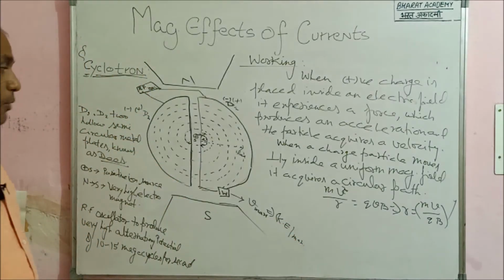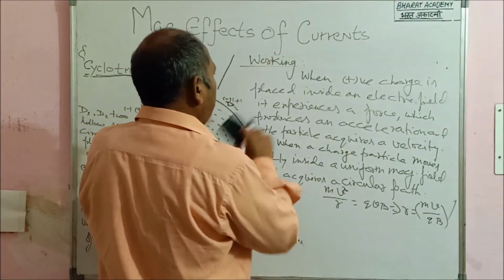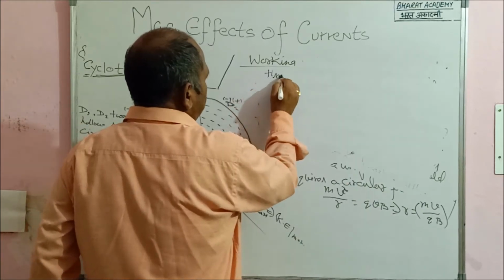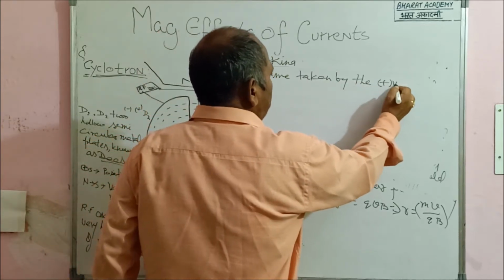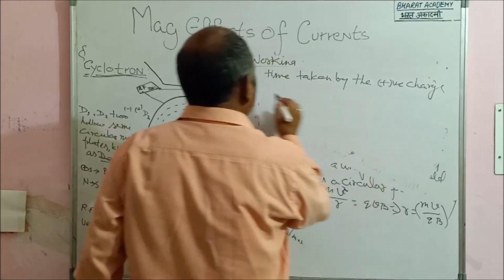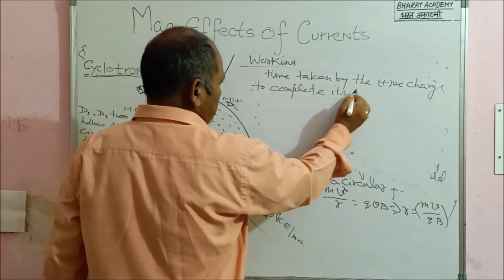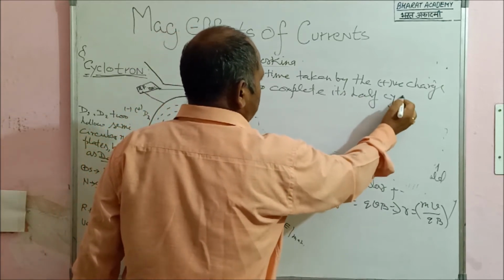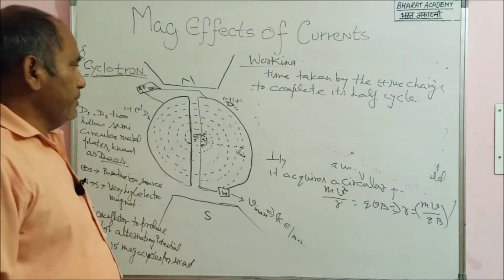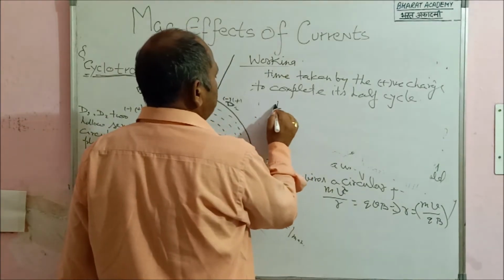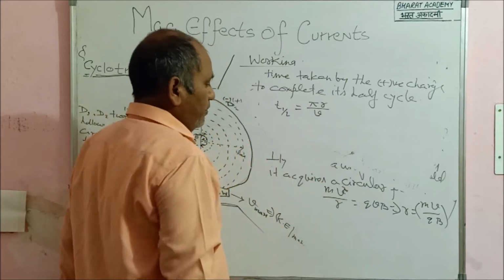Now what will be the time taken by the charged particle to complete a semicircular path? That is, the time taken by the positive charge to complete its half cycle. Why am I saying this? Because after half cycle the polarity of the Ds is interchanged. So what will be that T half? That will be half of the circumference divided by the velocity, so pi r by v.